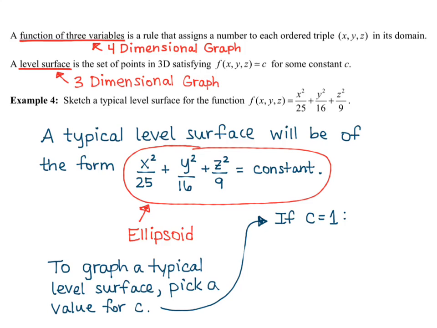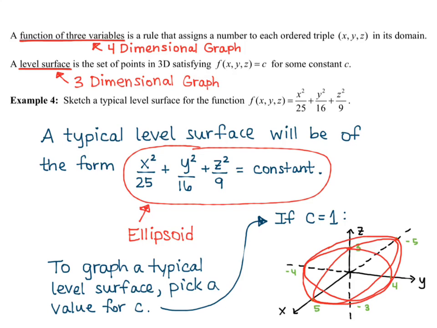So if c equals 1, I'll get an ellipsoid where the x-intercepts are 5 and -5, the y-intercepts are 4 and -4, and the z-intercepts are 3 and -3. So I go ahead and plot this, and then I'm going to put each ellipse on the graph. And now let me just outline this for you so it's a little more clear.